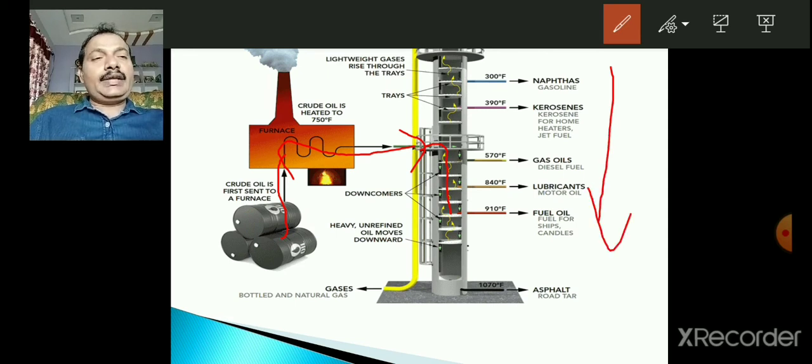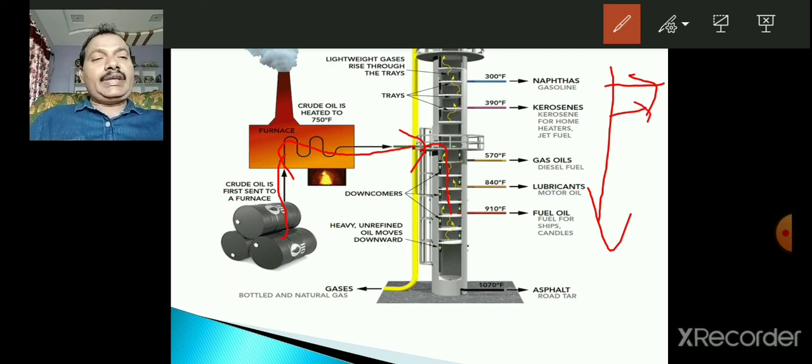So 300 degrees Fahrenheit, 390 degrees, 570, 840, 910 degrees Fahrenheit. At 300 degrees Fahrenheit, you will collect naphtha. At 390, kerosene is available.